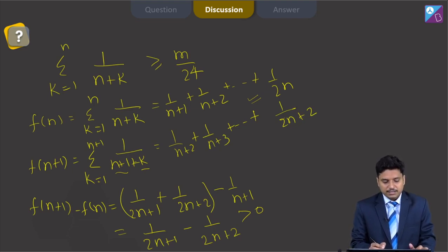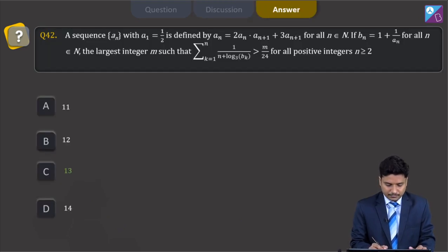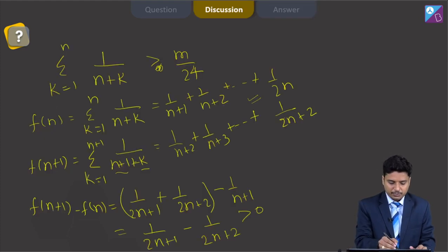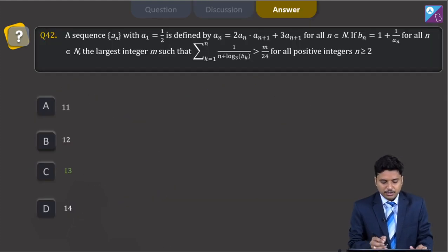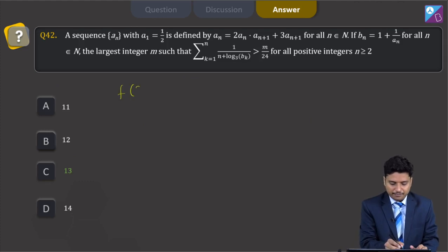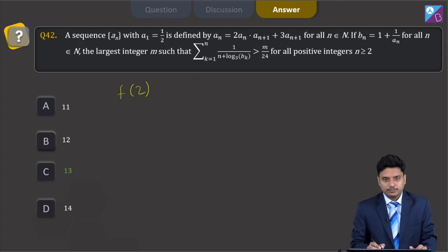So if f(n) is increasing, when will it have its least value? Because we have to focus on this m by 24, in fact not equal to, it is greater than m by 24. So f(2) will be the minimum value because it is increasing. f(2) is some value, f(3) will be greater than that, f(4) again greater. So the minimum value you will get when n is equal to 2.